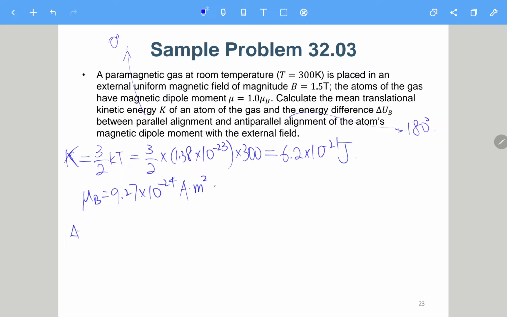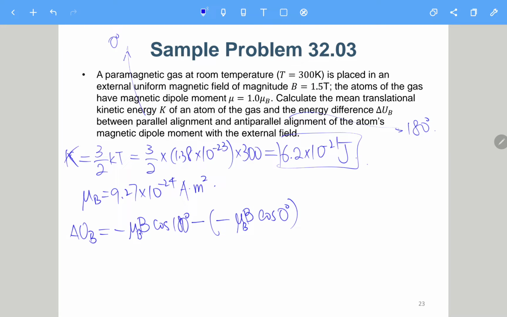So in that sense, delta UB should be negative mu B cosine of 180 degrees minus negative mu B cosine of 0 degrees. This is minus 1, this is plus 1, so we have a total of 2 mu B times B.